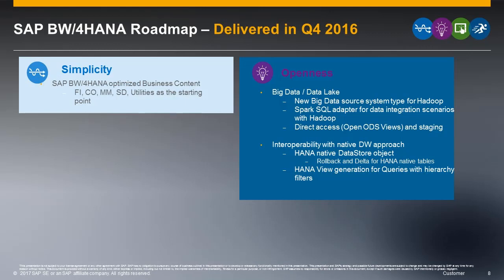The one nice thing from this Q4 perspective on the native data warehousing approach was on the HANA Studio side, if you will. We now have a data store object, which has rollback and delta capabilities.